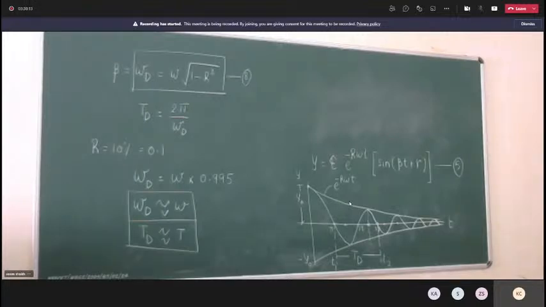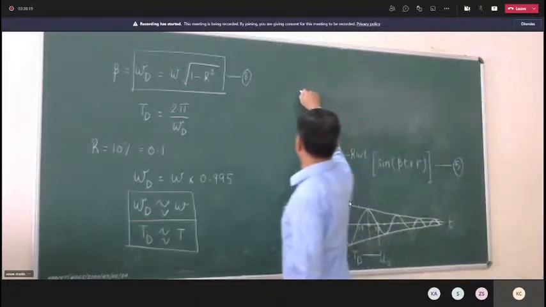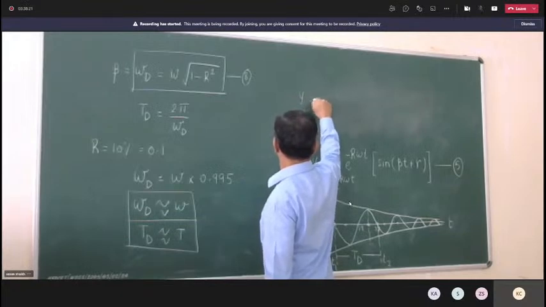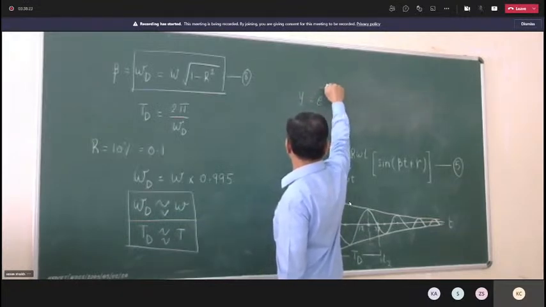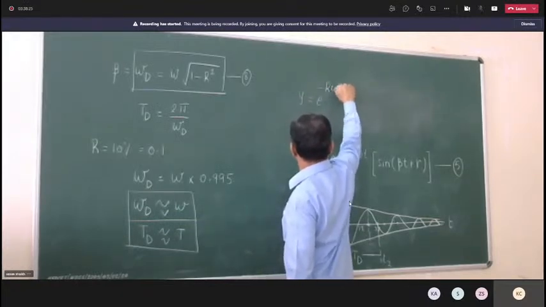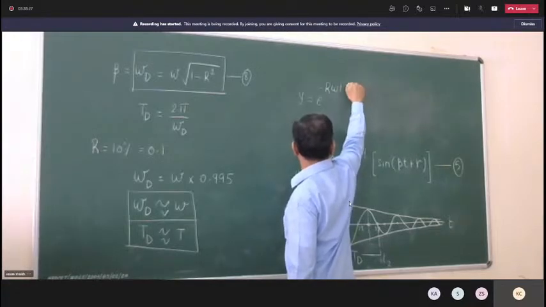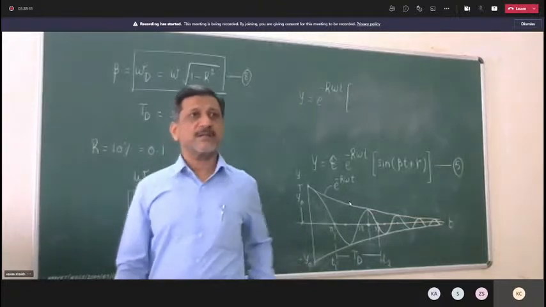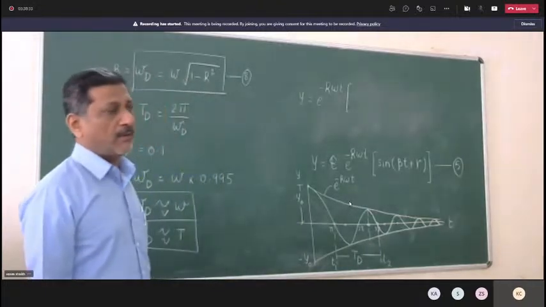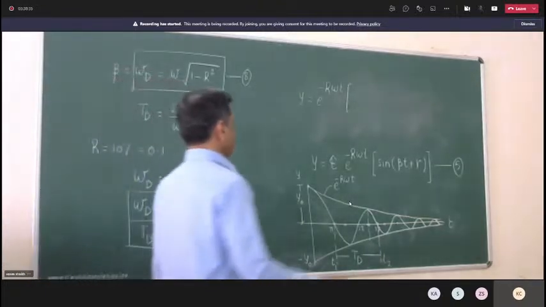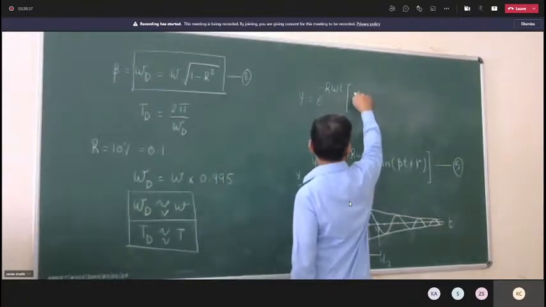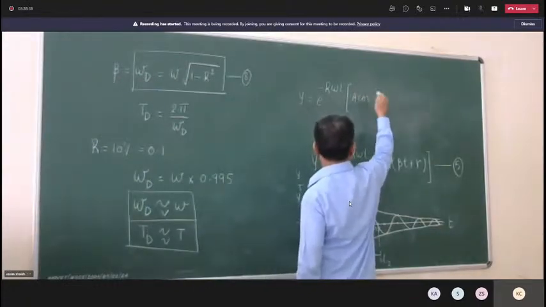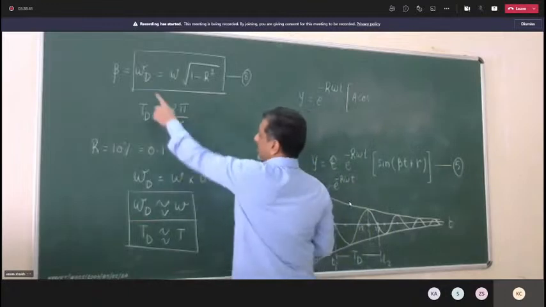In equation 2 we have alpha and beta, so we have to write the values of alpha and beta. y is equal to e raised to minus r omega t. Is it? Alpha is r omega, we proved. And beta is omega damped.